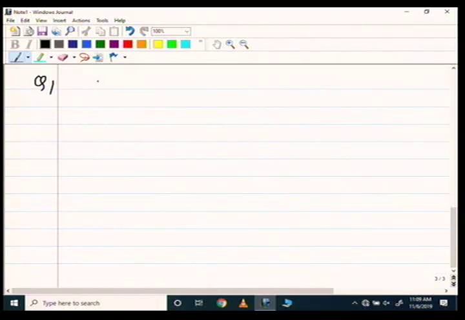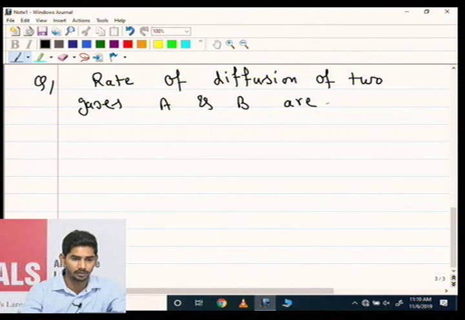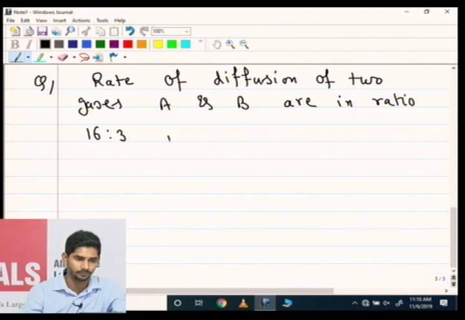Attempt this question. Rate of diffusion of two gases A and B are in ratio 16:3.